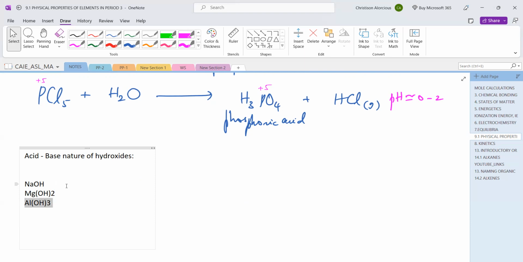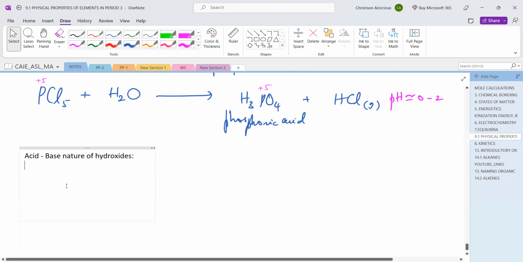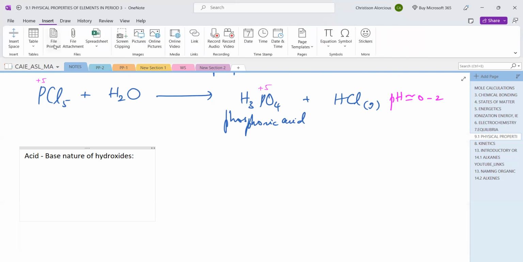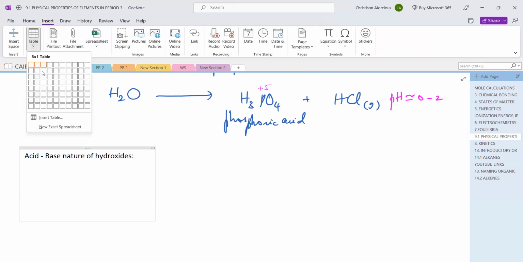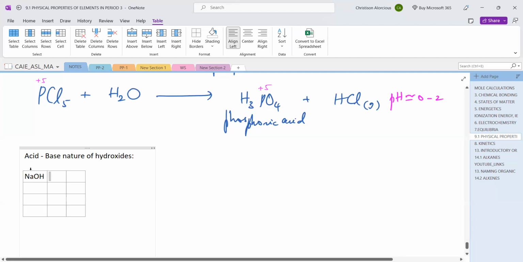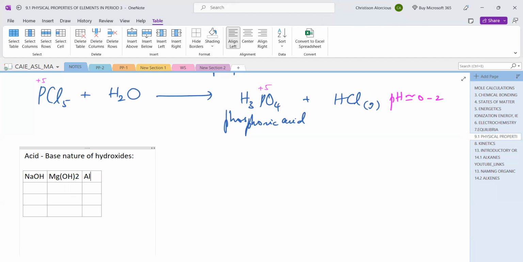If I have to put them in a table, I think that would be better. So let's say I have sodium hydroxide, magnesium hydroxide, and aluminum hydroxide.